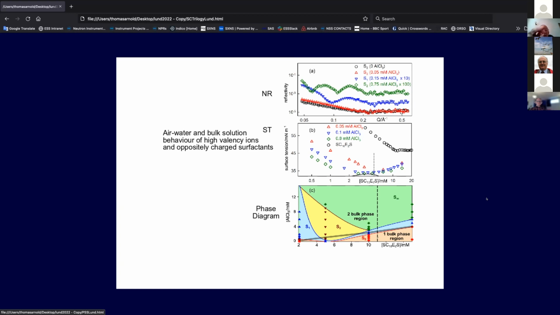So they're scaled, those, by the way, so don't try and compare the absolute reflectivities. But the red and the black are the surfactant on its own and with very little aluminium, and they show the normal monolayer. But when you up the aluminium, you see a fringe first, and then you see two fringes.